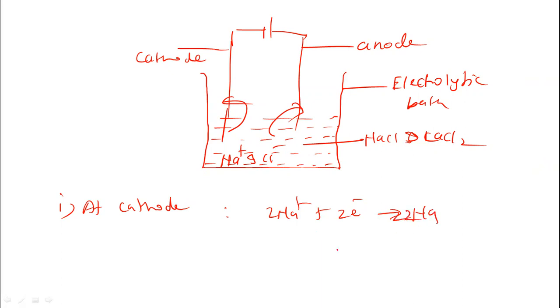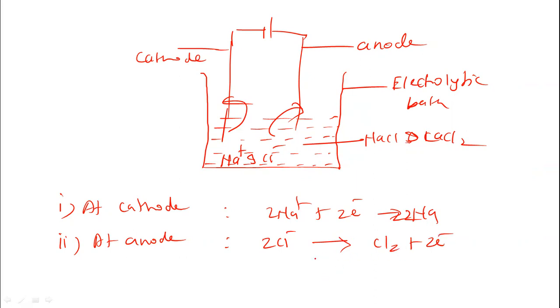And at the anode, the chloride ions migrate here. You can see the migration of the chloride ions and the formation of chlorine gas.